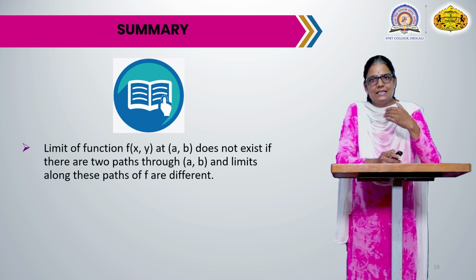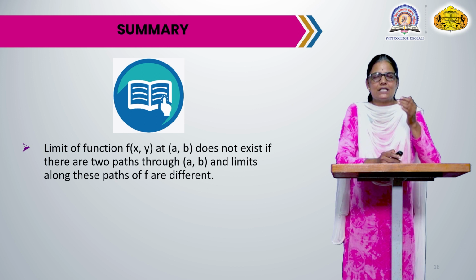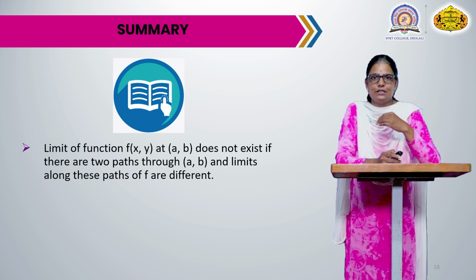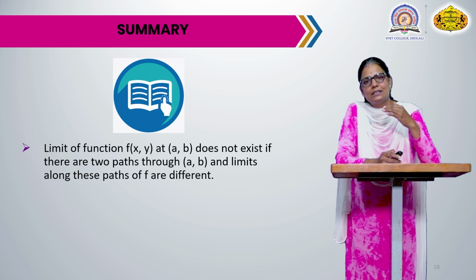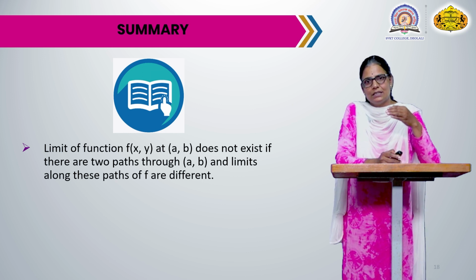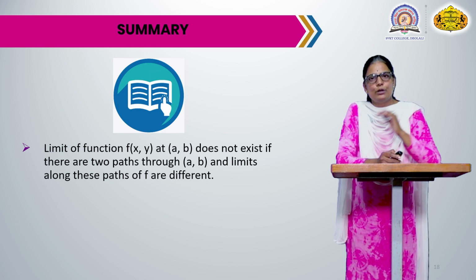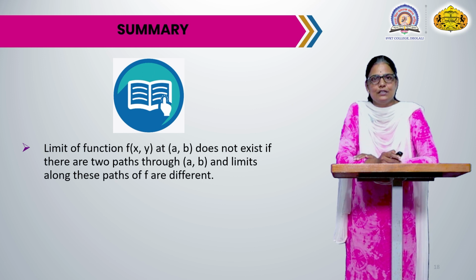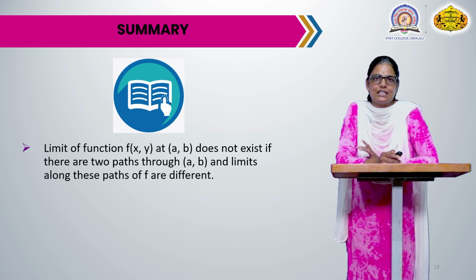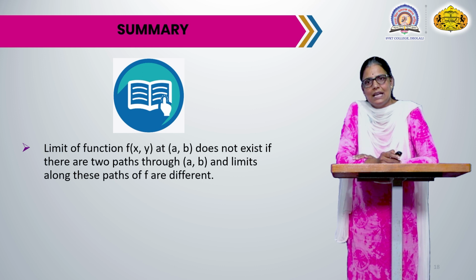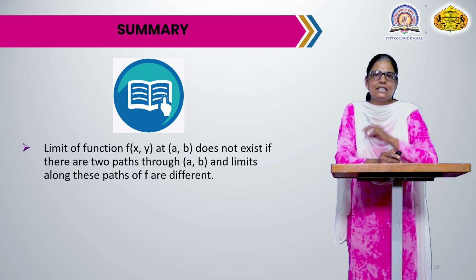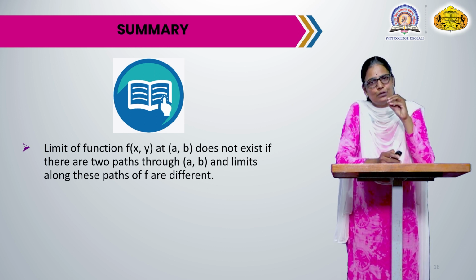If the limit exists, suppose the limit of the given function f(x,y) as (x,y) tends to (a,b) equals L: for every epsilon greater than 0, there exists delta greater than 0 such that if (x,y) belongs to D, where D is the domain of the function, and 0 is less than root of ((x minus a) square plus (y minus b) square) less than delta, then mod of f(x,y) minus L is less than epsilon. Then we say that the limit exists and it is equal to L.